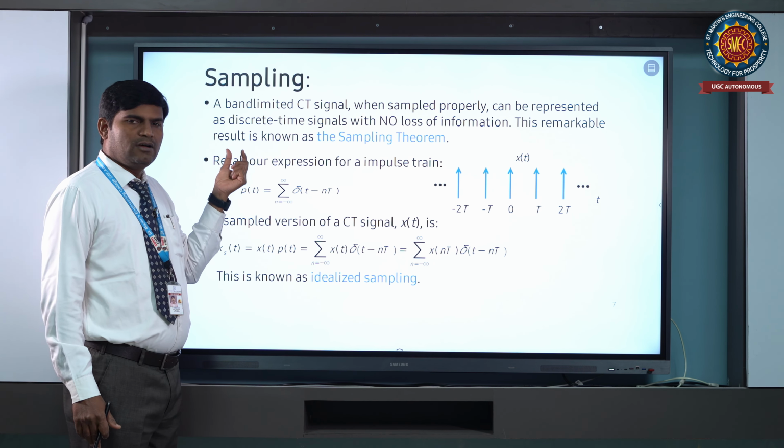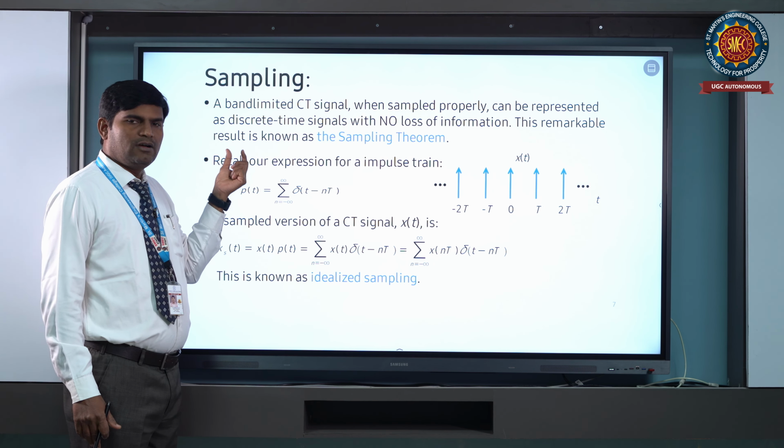Now, coming to the train of impulses, how we can mathematically represent the sampling theorem. If the given signal x of t is multiplied with an impulse, that is x of t multiplied with del of t, it will give the value of x of t at t equal to 0.